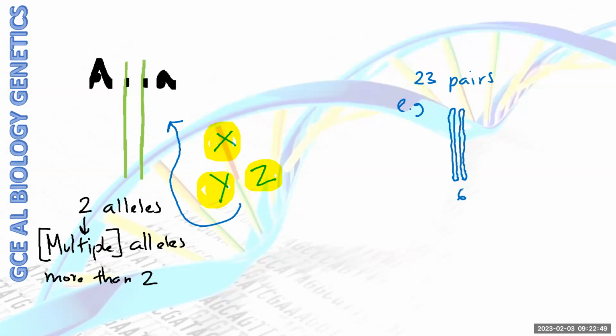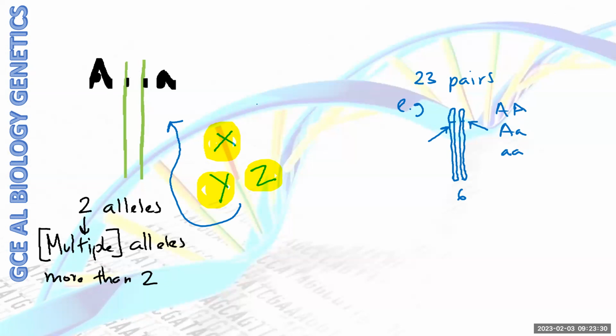On chromosome number 6, there is one place allocated for a particular character, and as we learned, only 2 alleles can exist there, because homologous chromosomes allow only 2 alleles in this position, one here and one here. It could be homozygous dominant, heterozygous, or homozygous recessive. Any combination is allowed.